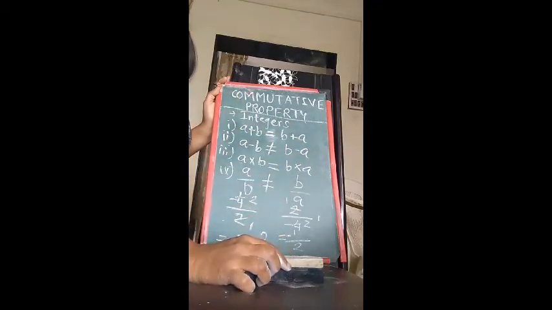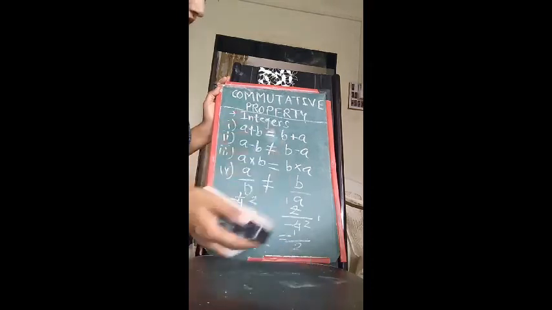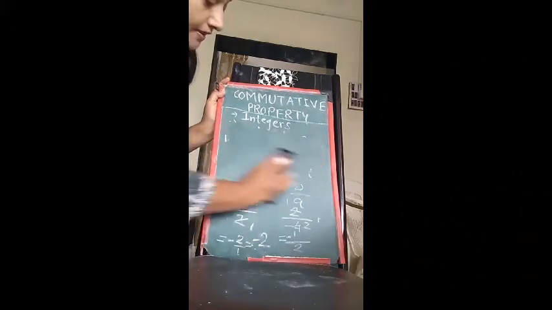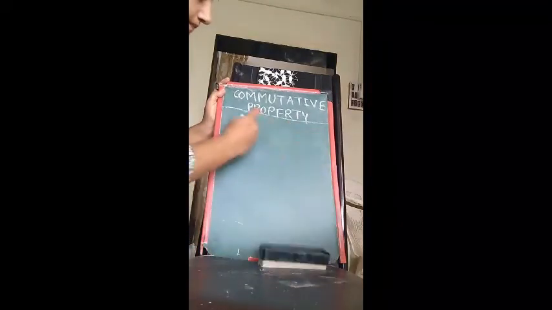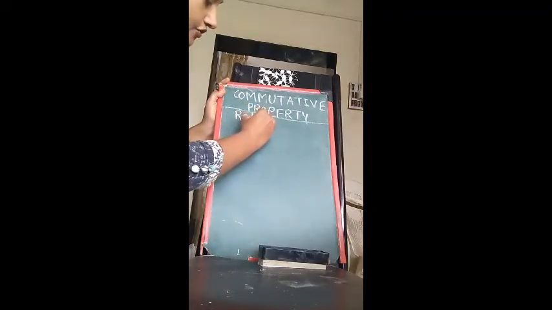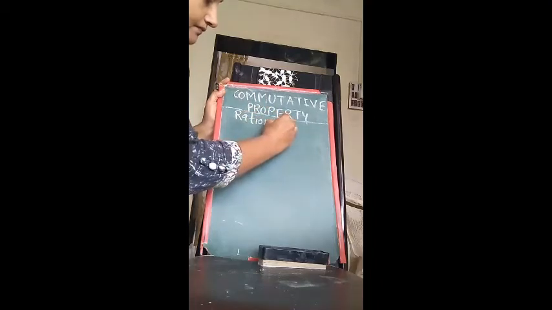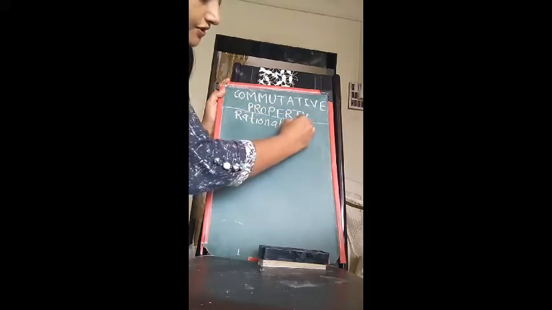Now we are going to see this property for rational numbers. Okay, so again I will use the same for rational numbers. Do you know what is meant by rational numbers?